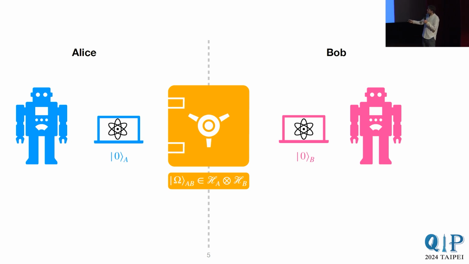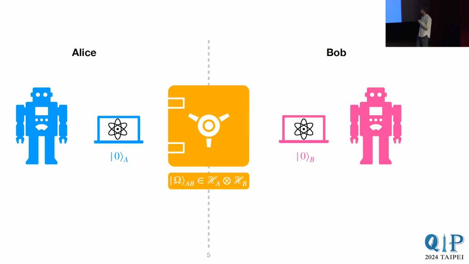They have their local quantum systems, here represented by these laptops. They somehow have access to a shared resource, which is represented by the safe on the slide, and the safe is in some quantum state omega. Now these agents can act locally, say, or maybe even classically communicate, and they want to embezzle entanglement from this resource.